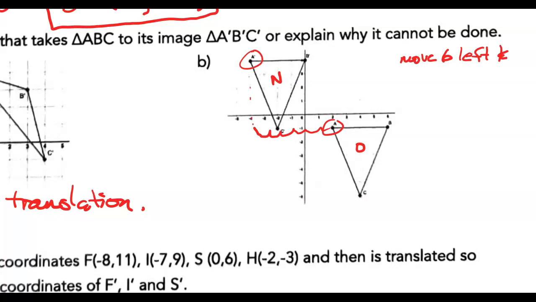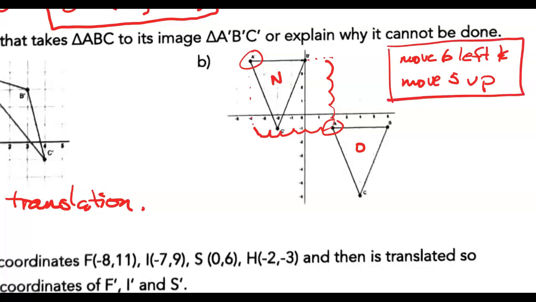and let's figure out how much we moved up. So we're going to move up to here. So we went 1, 2, 3, 4, 5 up, and move 5 up. Okay, so this would be our rule in words, but let's also do it in symbols.